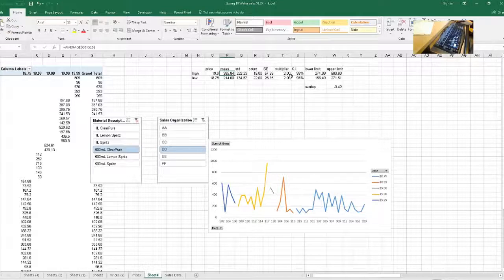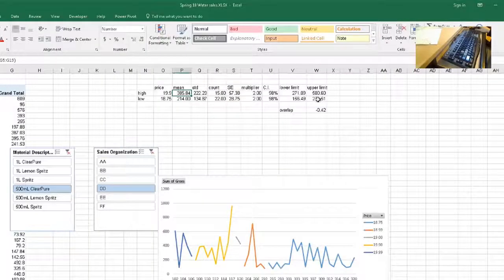There's a 2% chance that you'll go beyond this lower limit, and there's a 2% chance that you'll go above this upper limit. So it's really very, very small. It's like 2% of 2% that'll happen.